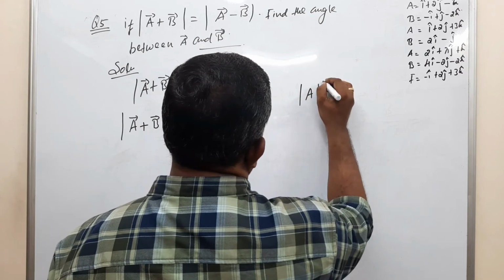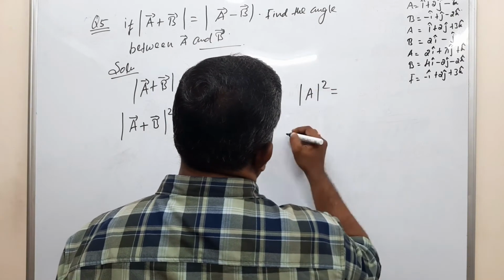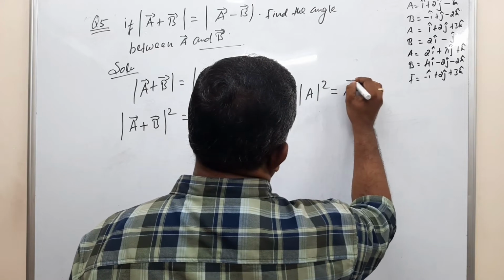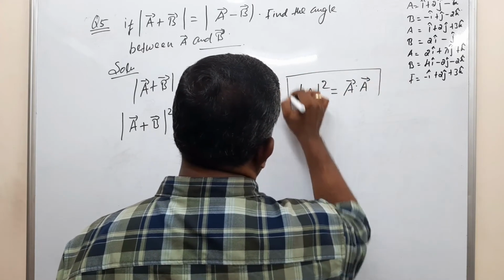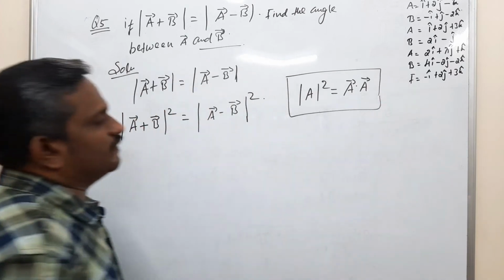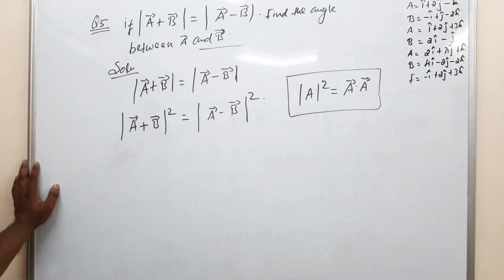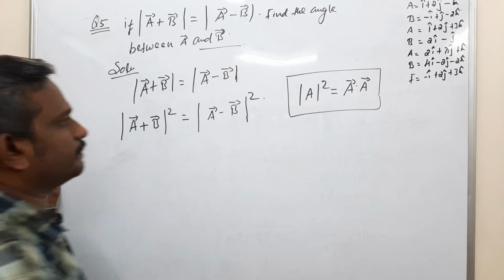A vector square is equal to A vector dot A vector. We have studied this formula, that is modulus of A vector square is equal to A vector dot A vector.